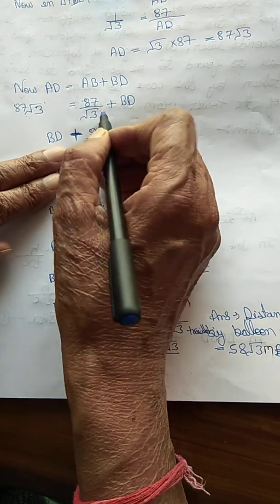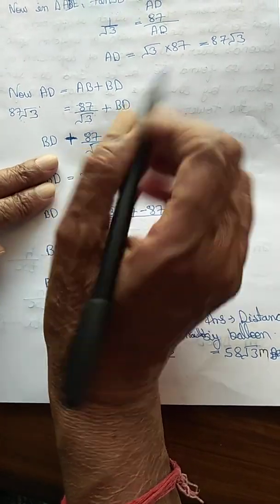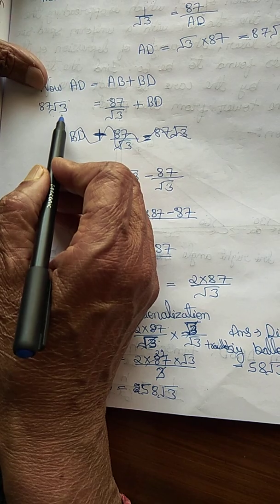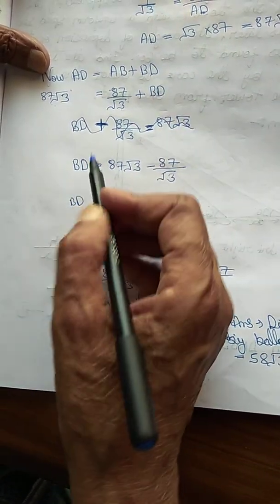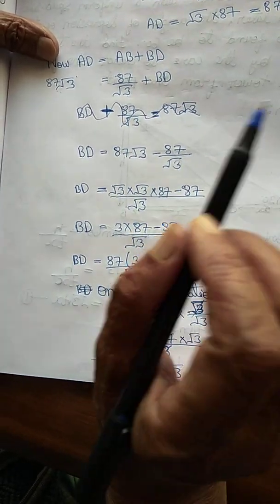So from this equation, 87 upon root 3 plus BD is equal to 87 into root 3. So BD is equal to 87 into root 3 minus 87 by root 3.